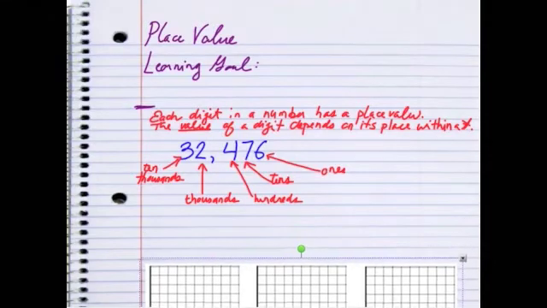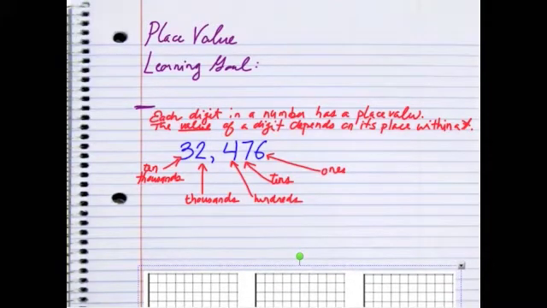We can write it in many, many ways that represent its place value. So, for example, there are several types of forms that numbers can be written in. The first is standard form. The second is expanded form.